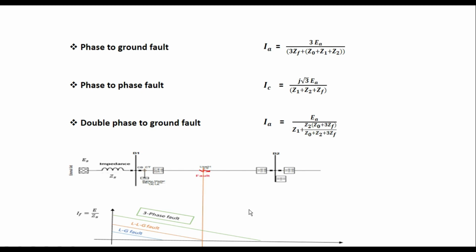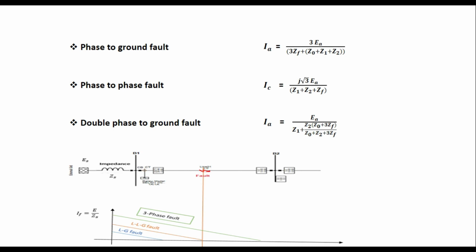As you can see here, the fault current for a 3-phase fault is greater than for a line-to-line-to-ground fault and a line-to-ground fault. So we can say that fault current depends on the type of fault. Therefore, the length of line which is protected depends on the type of fault.